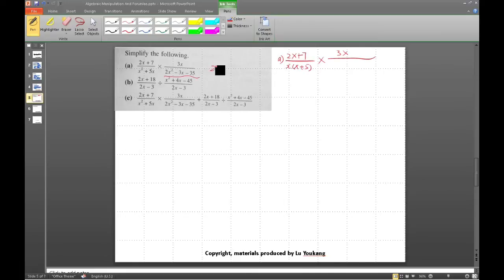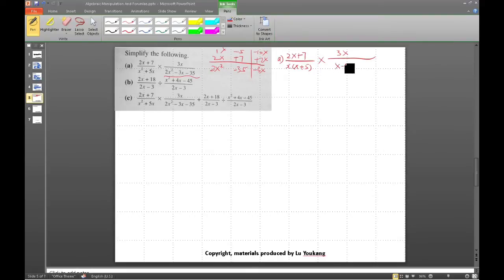For a quadratic equation, you should think of the table method. So let me do the table method here, and you should quickly get it sorted out.